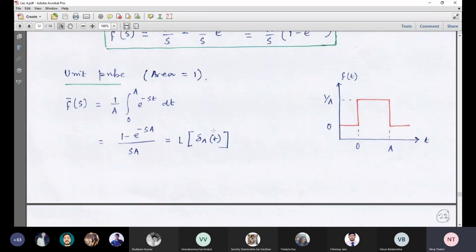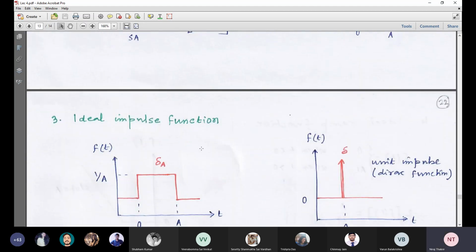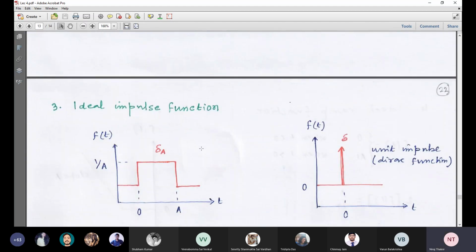Now come to the impulse function. See here, you note down that this unit pulse function we are representing by del suffix a, because this notation we will use in our subsequent study. Now this is the impulse function, you see.